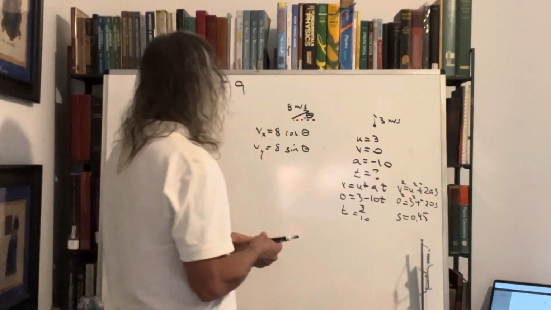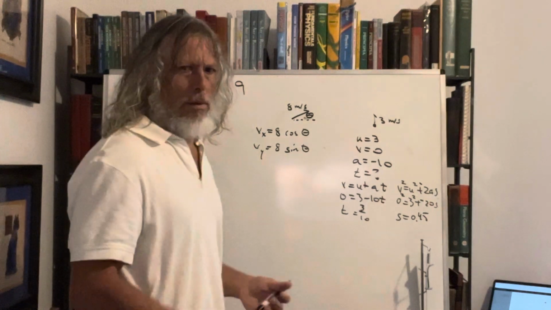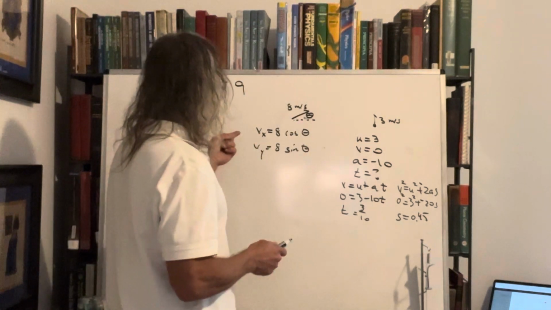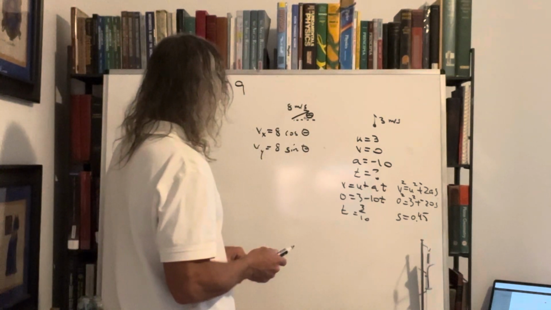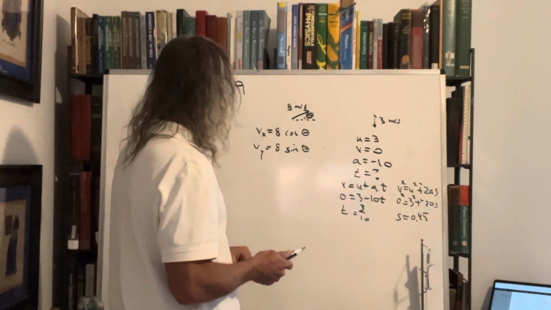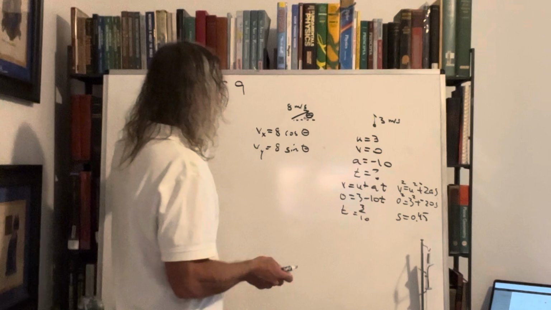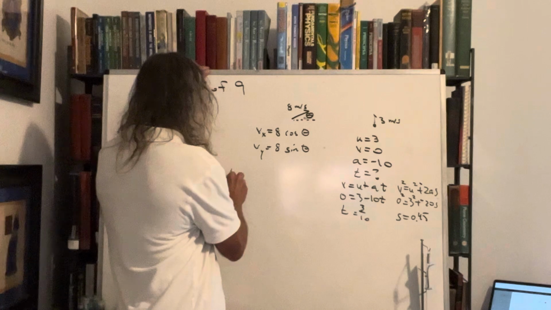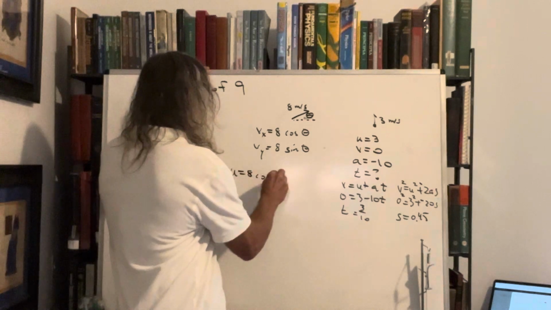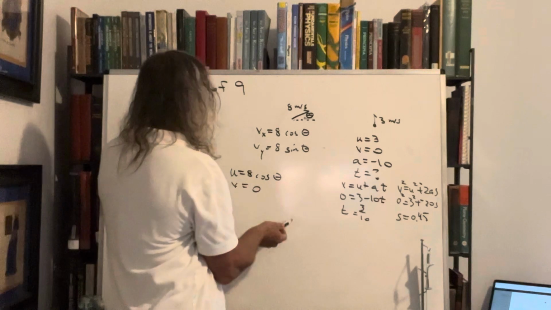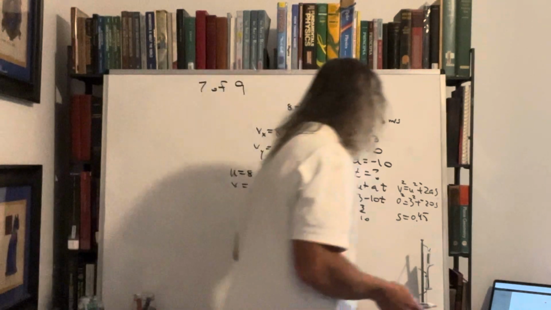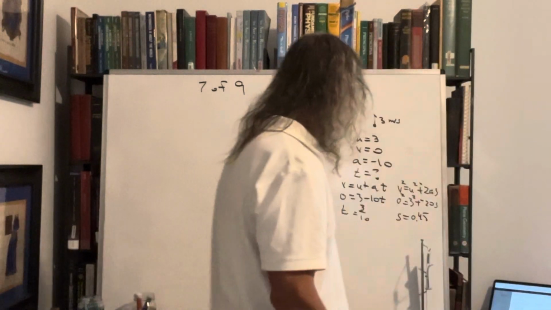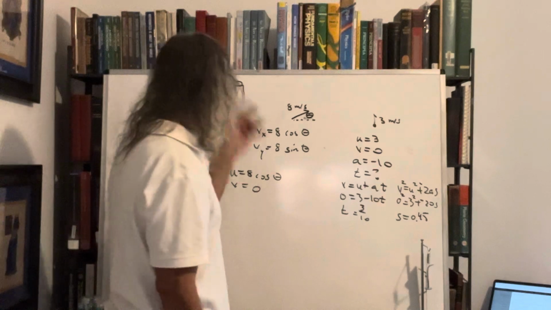Okay, then over here we got 8 cosine theta, and it goes until 0. So if we put that in, maybe I could solve for theta. Let me see. So U is 8 cosine theta, V is 0, because it says they're both at the highest points of their trajectory, so the upward velocity would be 0 also.